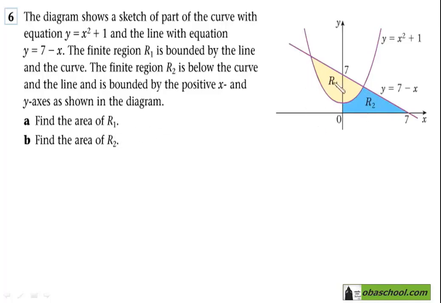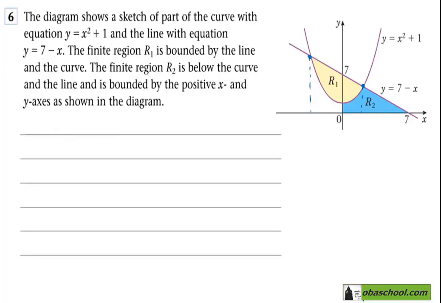That is why we need to know the limits of x, so where these two curves intersect. Thus, before calculating the area, we need to obtain the intersection of the curve with the straight line. We set y of curve equal to y of straight line.